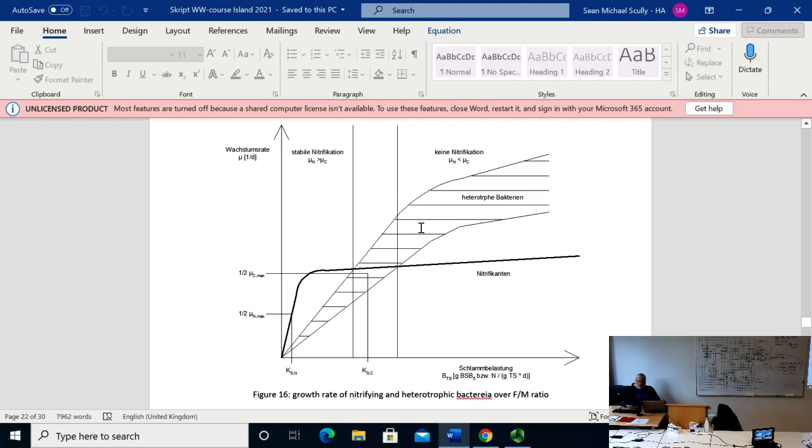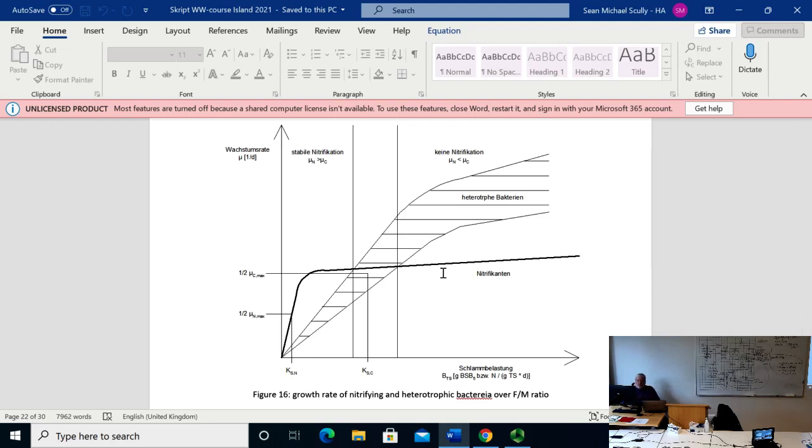Whereas when the growth rate of the heterotrophs is bigger as they have more food, they will just not reduce their growth rate so much. Because the nitrifiers are less, they will just fill in the space of the nitrifiers.